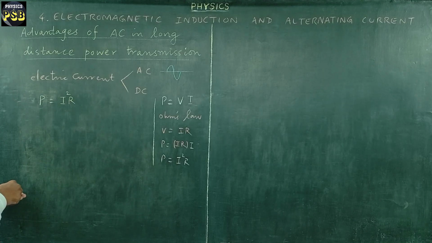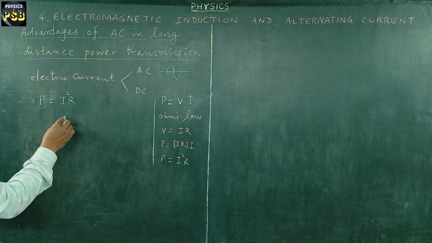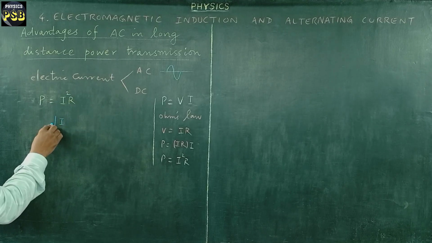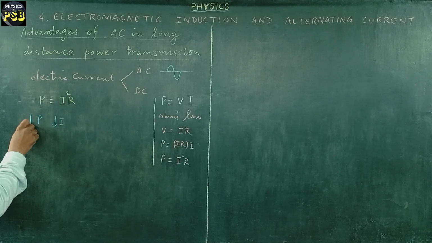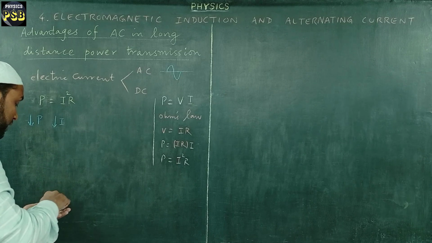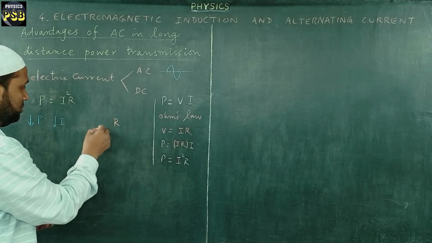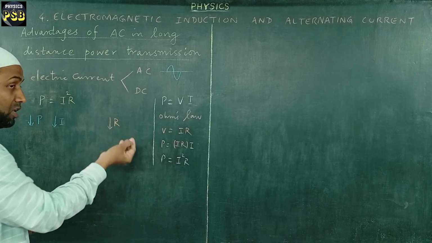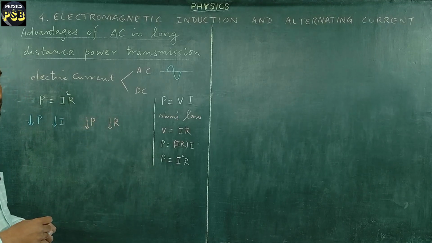So, if I reduce I value, then this will result in the reduction of P value. In a similar way, if I reduce R value, then also P value can be reduced.